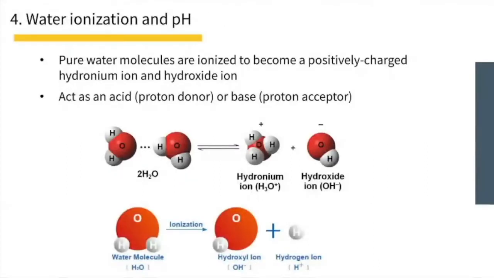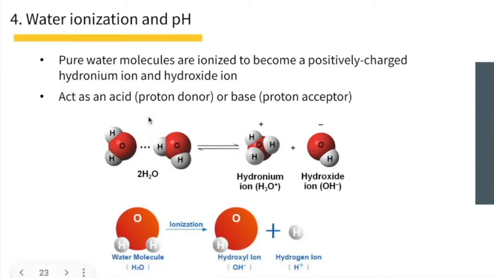I think the most important properties of water that you should know are actually the polarity and water as a universal solvent. Okay, water ionization and pH. So pure water molecules are ionized to become positively charged hydronium ion and hydroxide ion.